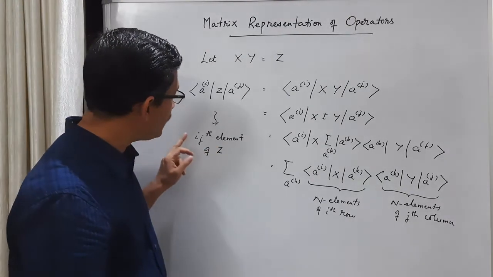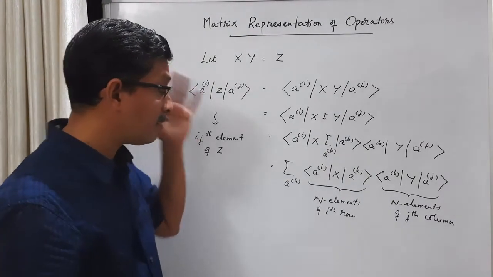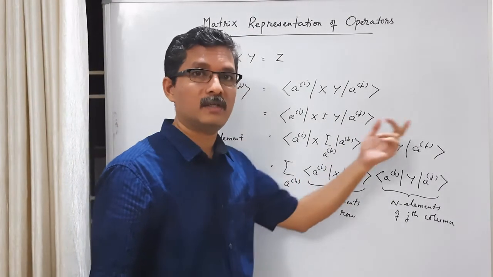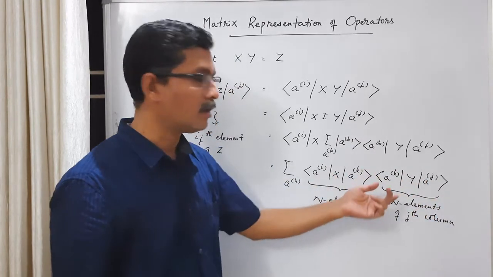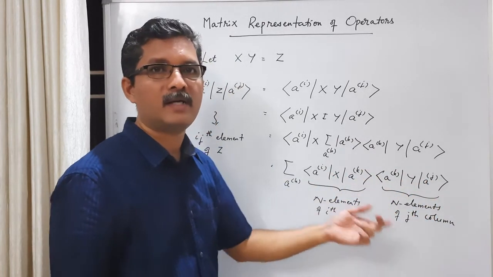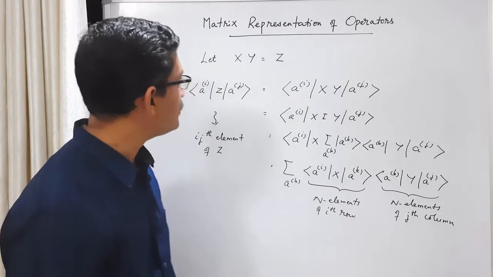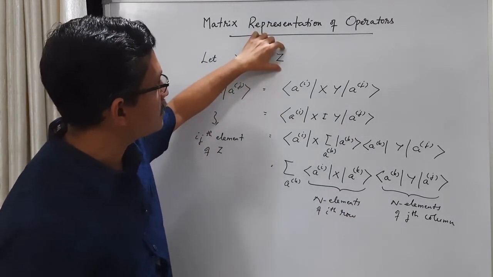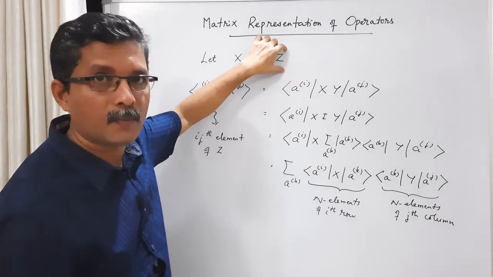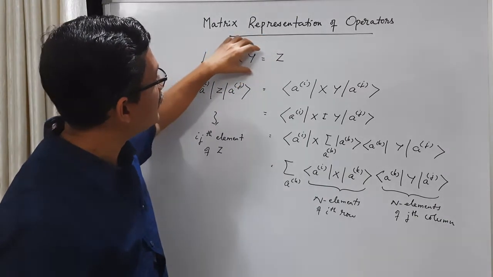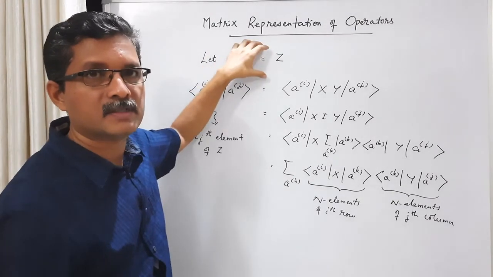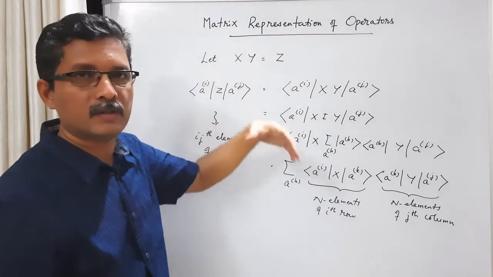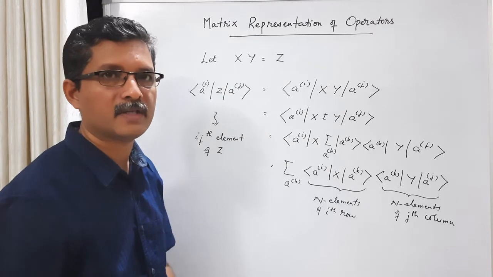So in order to get the ijth element of Z, we are multiplying the ith row of X with the jth column of Y. See, this rule is that of matrix multiplication. So that means the matrix representation of Z is obtained by multiplying the matrices of X and Y, following the usual matrix multiplication rule.